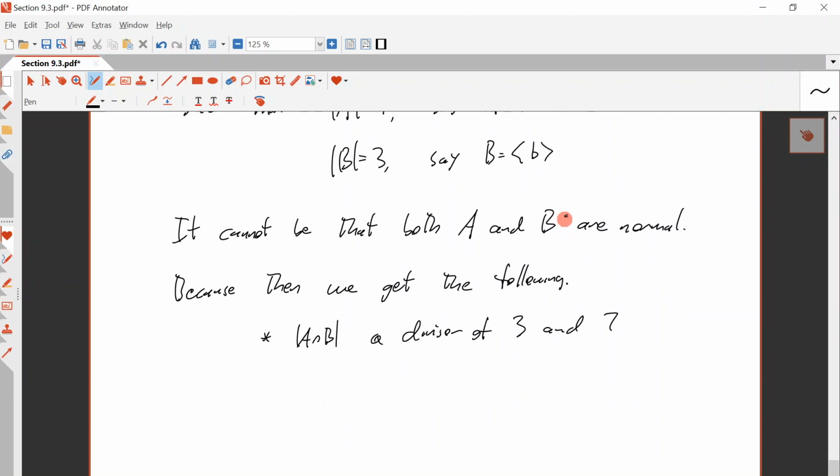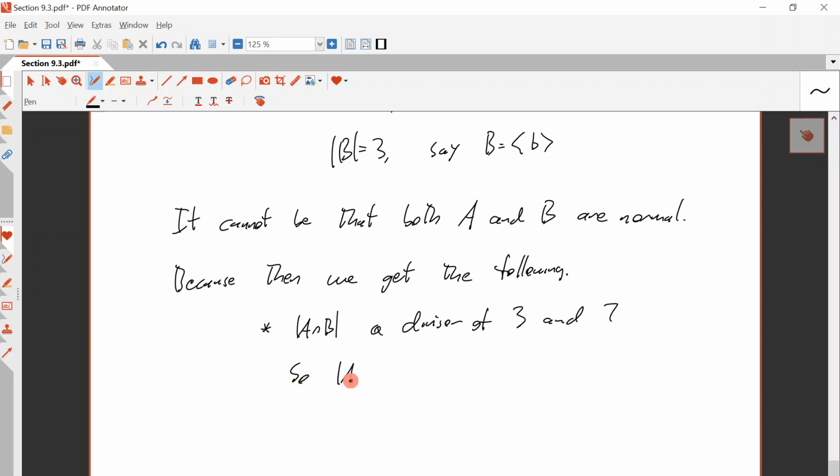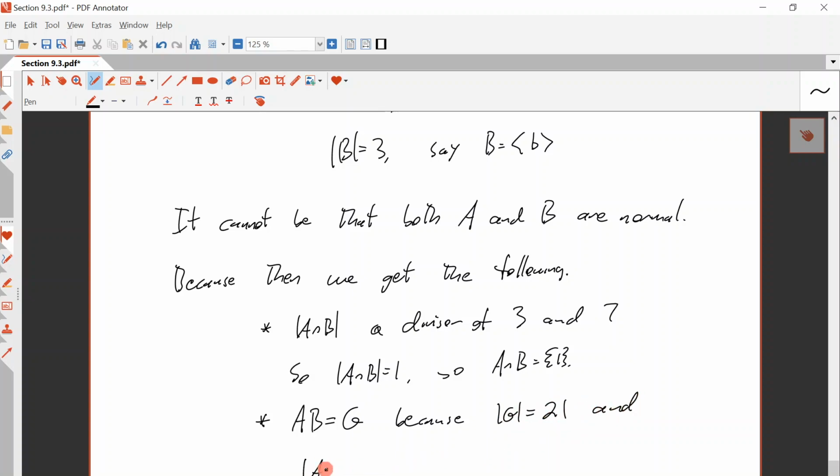But there is no common divisor except 1. So the actual intersection of A and B is just the identity. A times B is going to be equal to all of G because the order of G is 21, and the order of A times B is order A times order B over order of A intersection B, which is 7 times 3 over 1, which is 21.